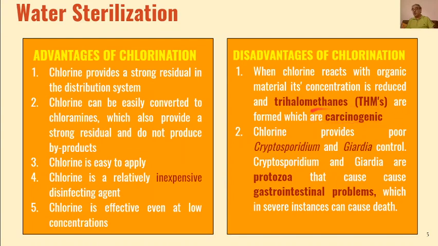So that means these are very disease-causing compounds. Carcinogenic means they can cause cancer in the body, and because of that, this is a disadvantage: formation of trihalomethanes will cause cancer.